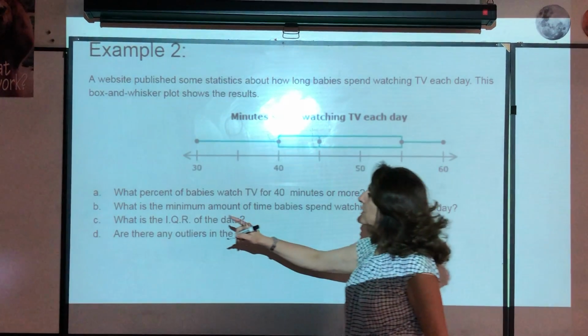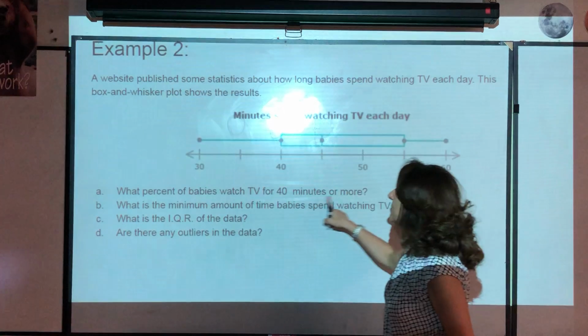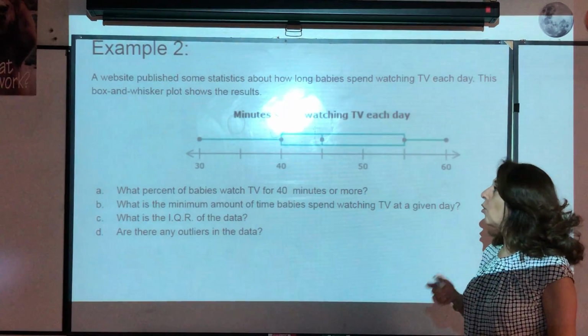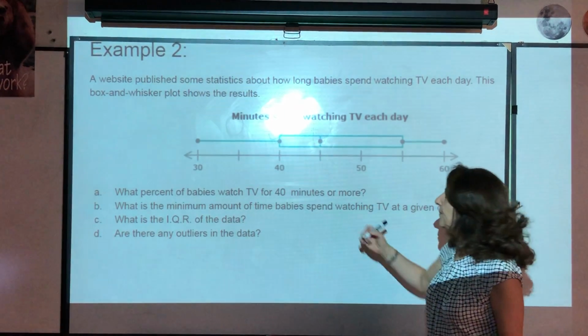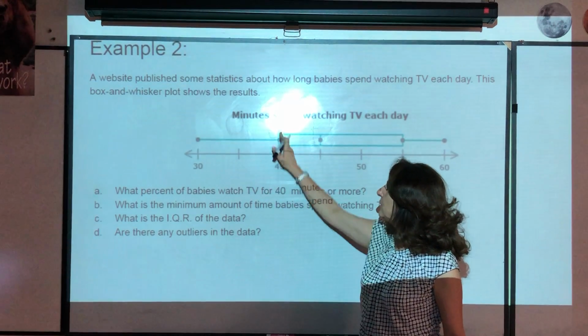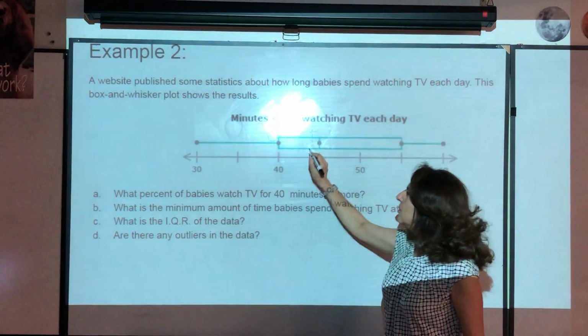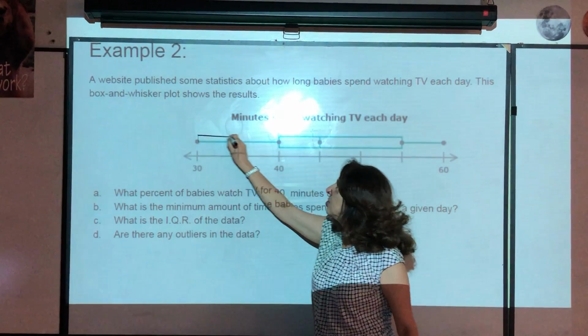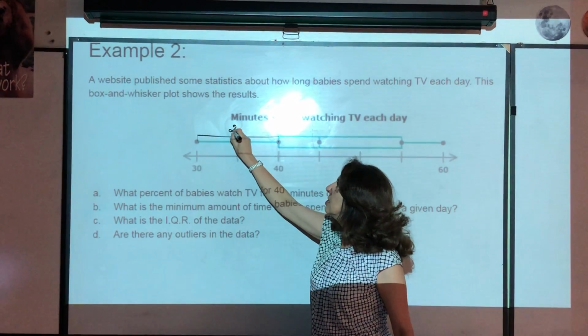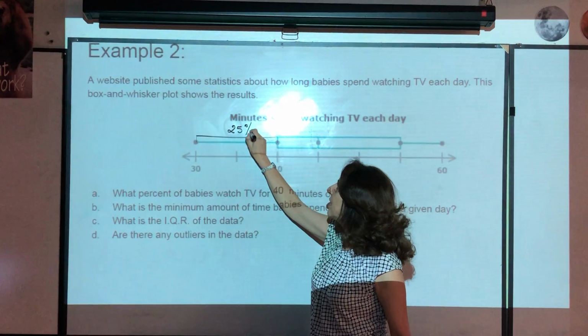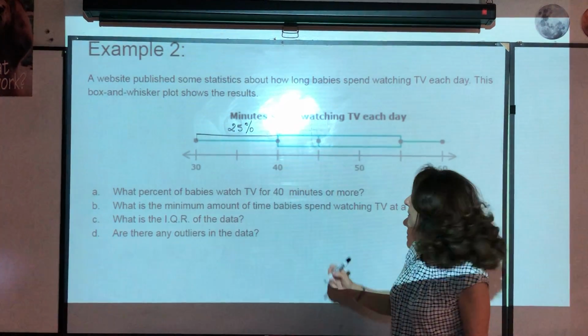So here the question is, what percent of babies watch TV for 40 minutes or more? So I go to my 40 minutes, which is right here, and remember, each one of these marks here is 25% of my information.